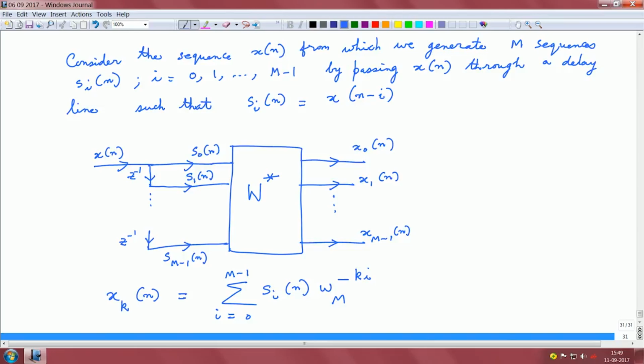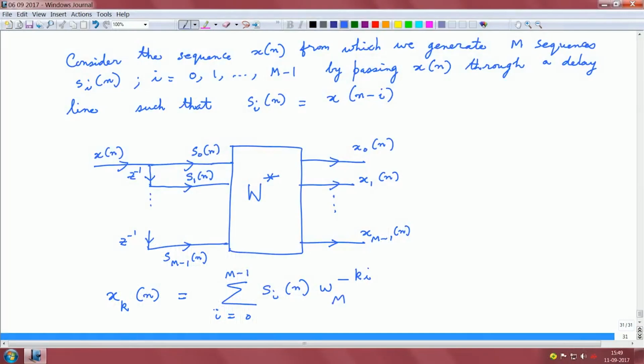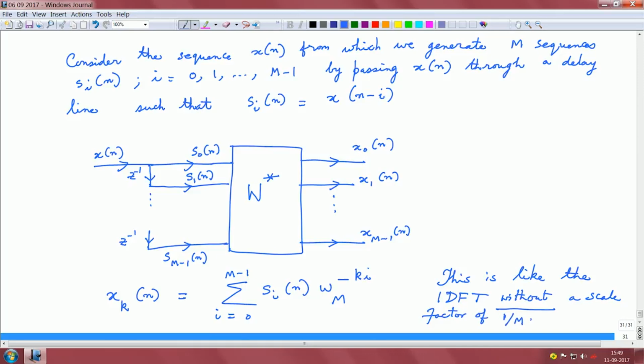Okay. So the difference is W conjugate is what we have. This is like the IDFT, inverse discrete Fourier transform, without a scale factor of 1 upon m. Okay. So this is our setup.